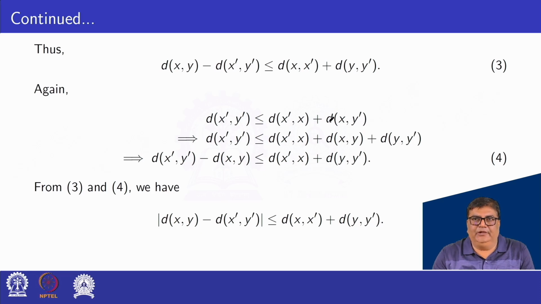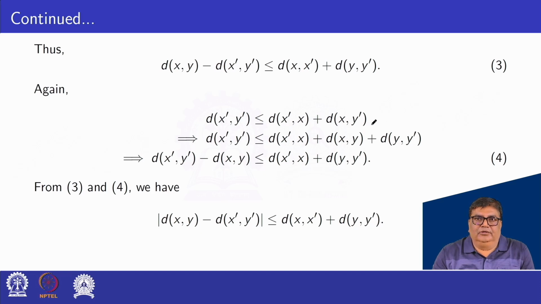Again, we apply the fourth property for d(x,y'), so this is less than or equal to d(x,y) plus d(y,y'). That is, d(x',y') minus d(x,y) is less than or equal to d(x',x) plus d(y,y'). These terms can be written on the left side.